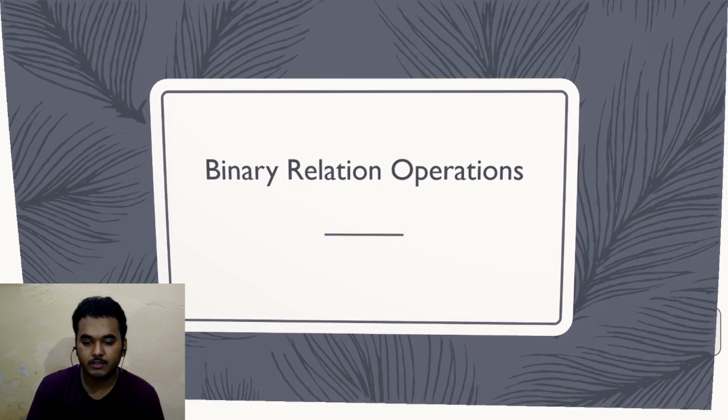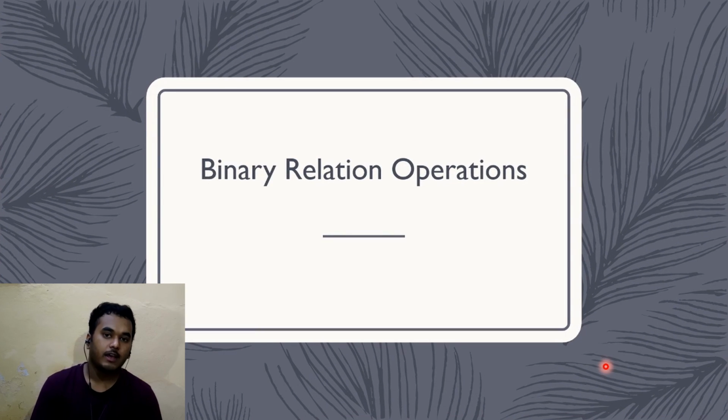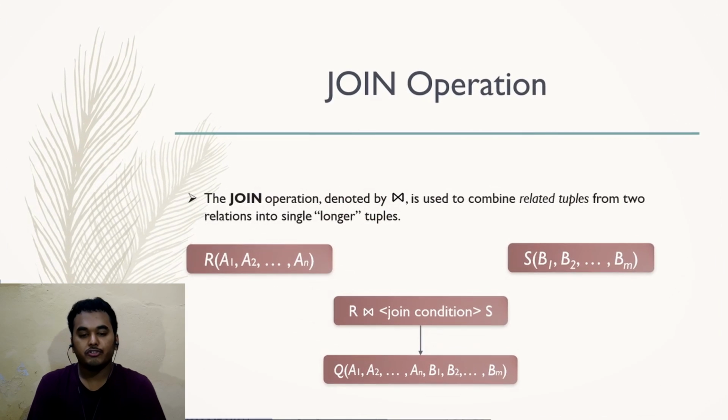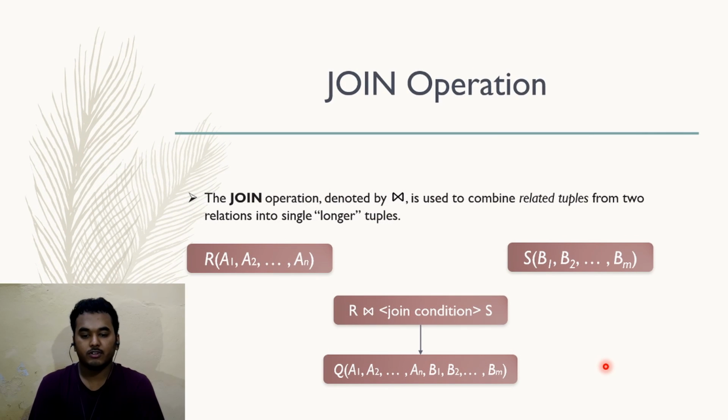So the next topic is binary relation operations. As the name suggests, these are always performed on two different relations. Join operation, as denoted by this symbol, is used to combine related tuples from two different relations into single longer tuples. So what this means is it combines tuples from two different relations with a given condition.